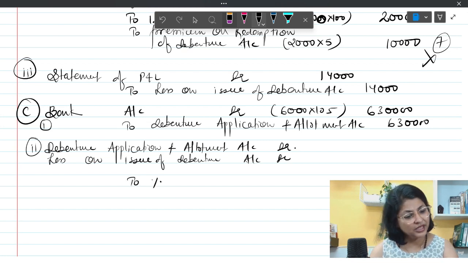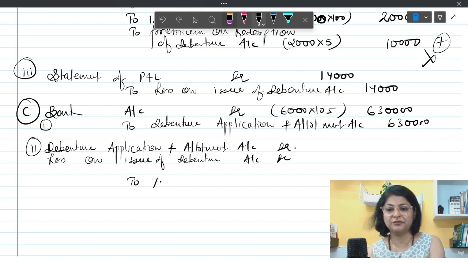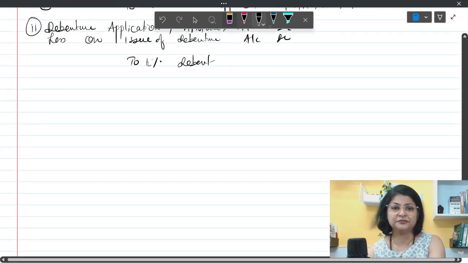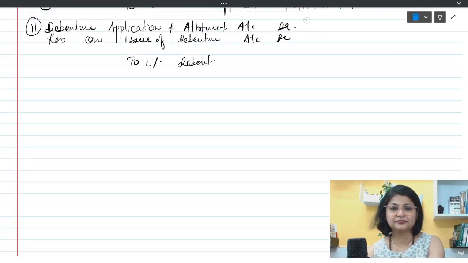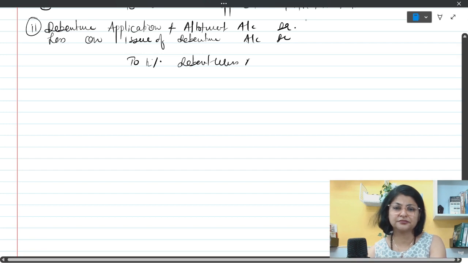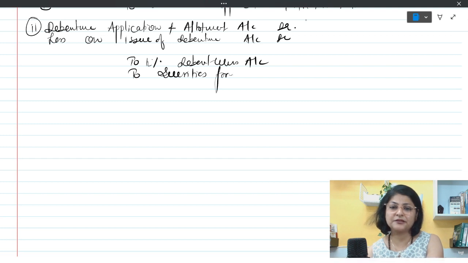What is the name of debenture? Here also it is 12% debentures. I hope you are able to see it. To securities premium, and another premium is premium on redemption.